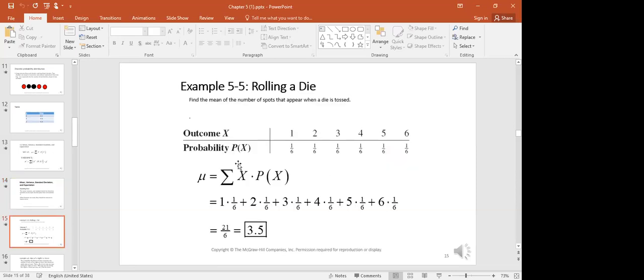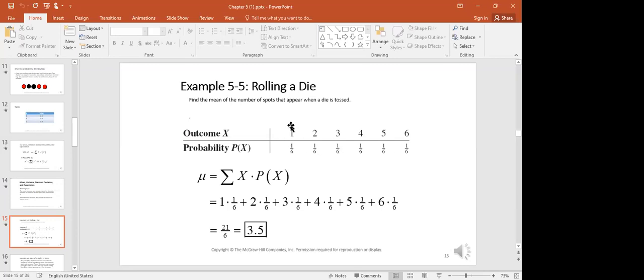Let's look at this example of rolling a die. The random variables are values 1, 2, 3, 4, 5, 6 with probability 1/6.